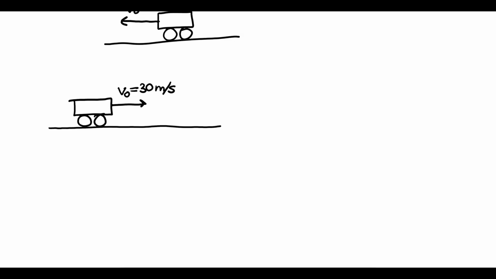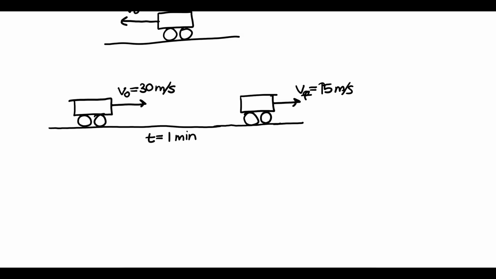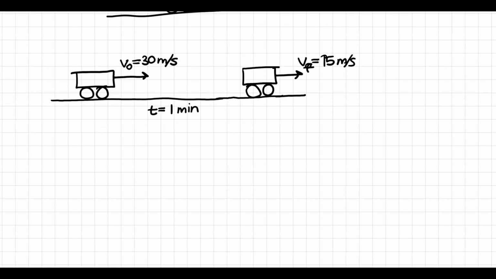So it's a pretty fast car, and you decide to brake until it comes to a speed of 15 meters per second. And all of that happens in a time interval of a minute. So what is the average acceleration of our car?